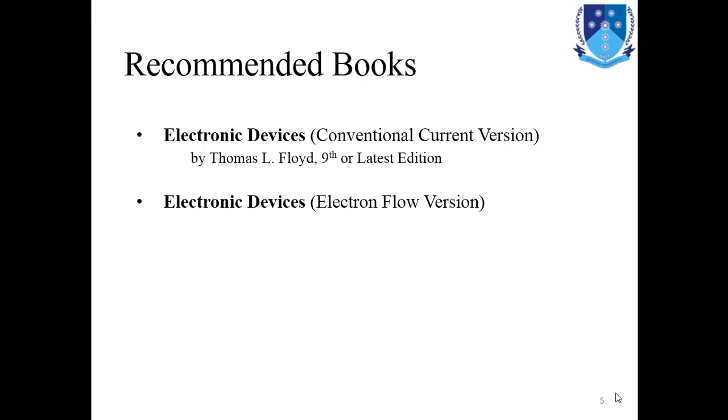Another version of this book, Electronic Devices, authored by Thomas L. Floyd, is the electron flow version. This means that this book has two versions, the conventional current version and the electron flow version. Both of these books are recommended for this course, but the majority of the contents of this course are taken from the conventional current version.